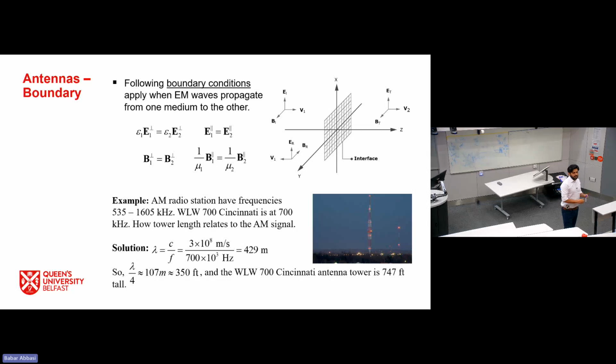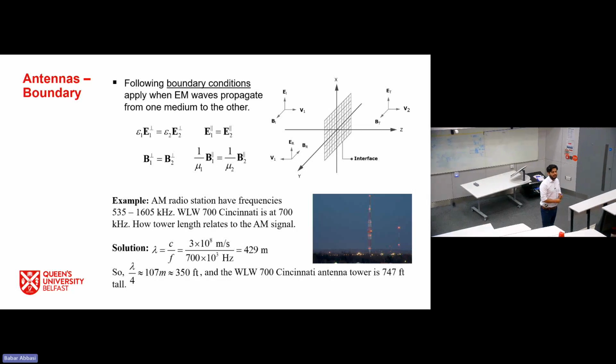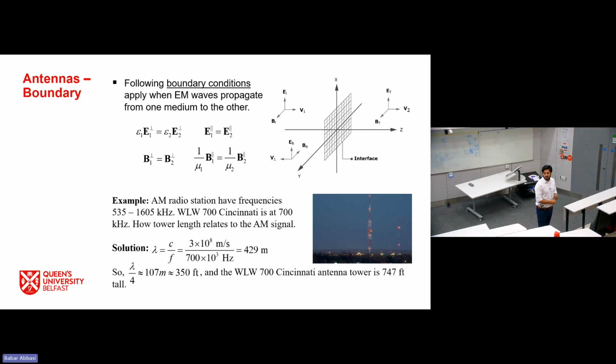In advanced electromagnetic theory, you will have very clear expressions about what boundary condition means and what boundary conditions apply for electric field, magnetic field, tangential electric field, potential magnetic field. For now, it's just simple expressions just for your understanding that things are not that simple in the electromagnetic world.